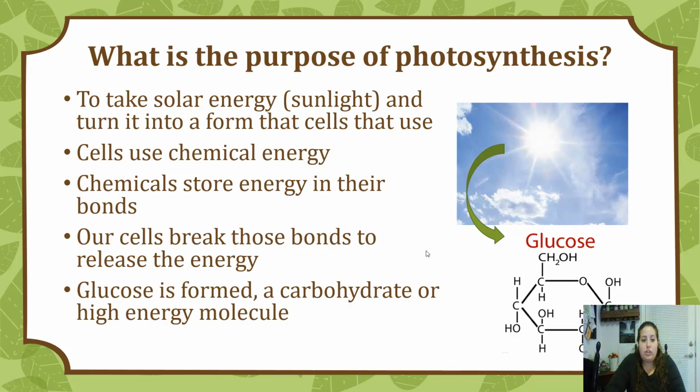Chemicals store energy in their bonds, and our cells break those bonds in order to release and access that energy. So when glucose is formed, all of that energy from the sun is harnessed and put in between the bonds. And what I'm talking about with bonds here are these lines connecting all of the atoms. So carbon to carbon, oxygen to carbon, all of these are bonds that contain energy that's available for our use.